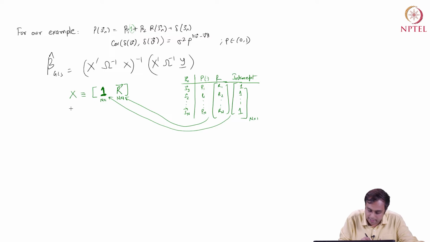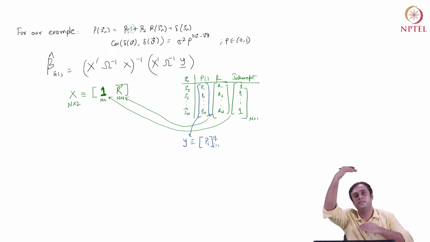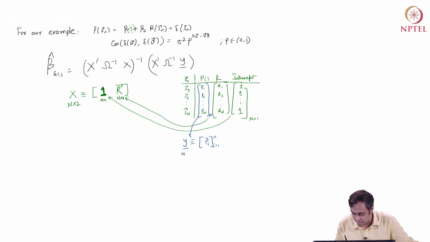Hence X is n by 2, and y is my vector of prices, which is again an n by 1 vector, right? So y is nothing but p_i going from i equals 1 to n, organized as a column vector. So y itself is n by 1. So X transpose is going to be 2 by n.